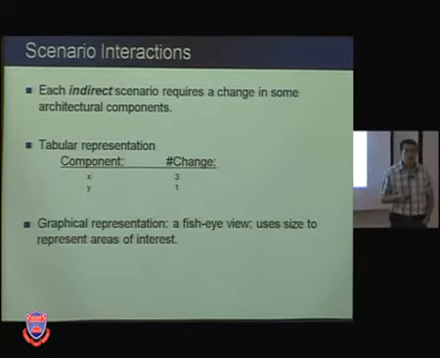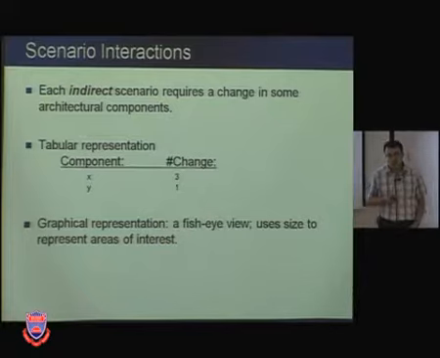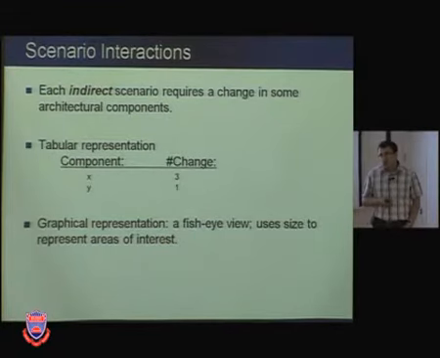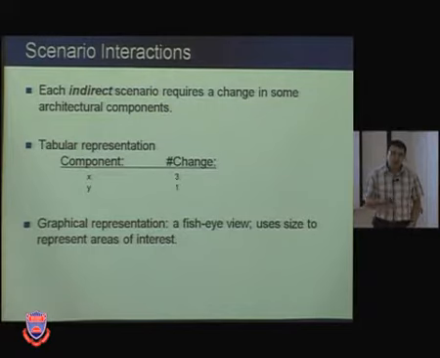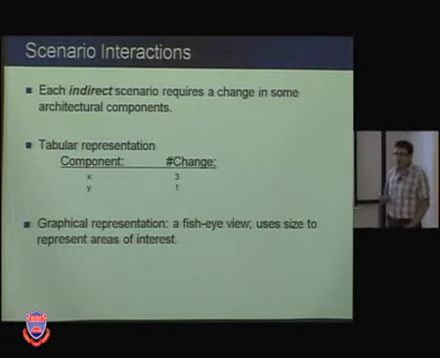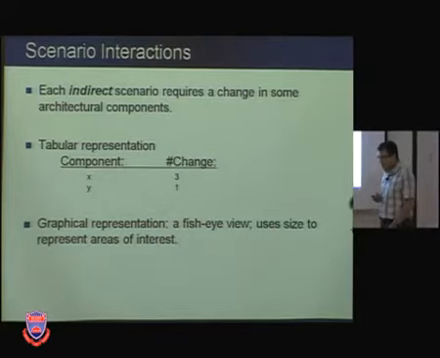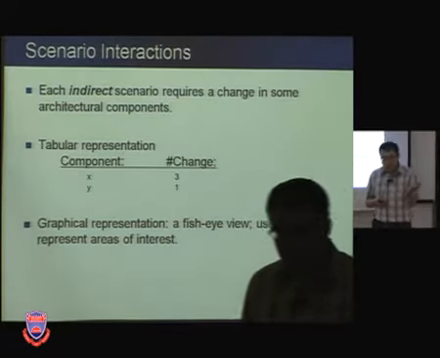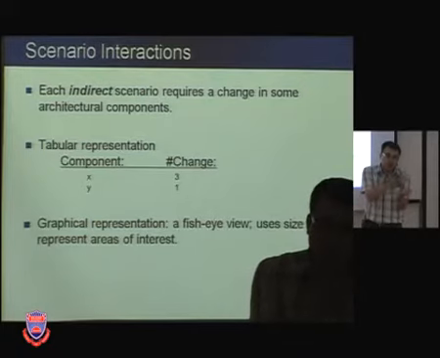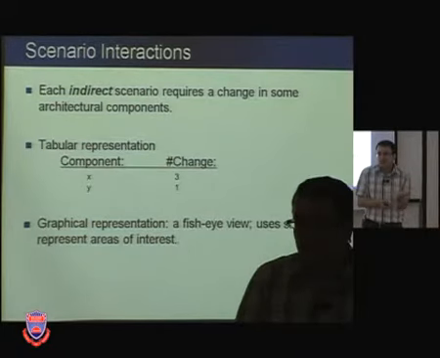Actually, the scenario-based analysis also somehow provides an indication about this cohesion and coupling. Okay? Because if we have many scenario interactions, if we have at some components multiple scenarios interacting, it indicates that that module is not cohesive.